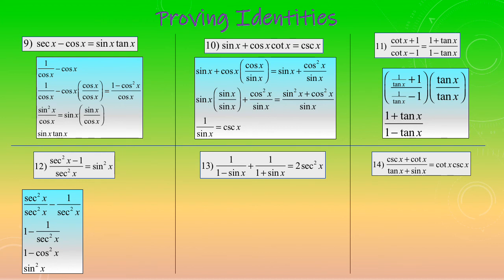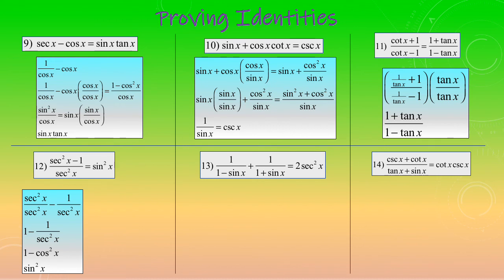This problem uses one of the generalizations we showed that says that when you have a polynomial over a single term, you can break it up into several terms. So we will write each term over secant squared of x, and we get secant squared of x over secant squared of x minus 1 over secant squared of x.